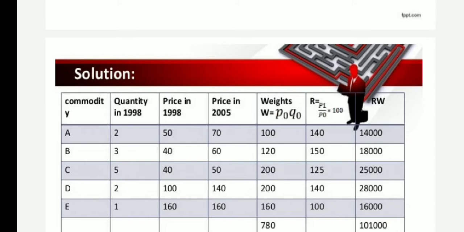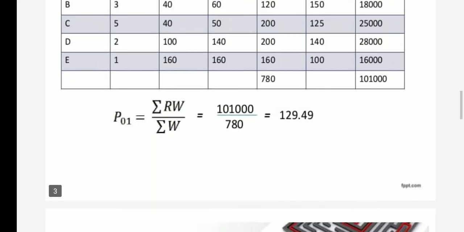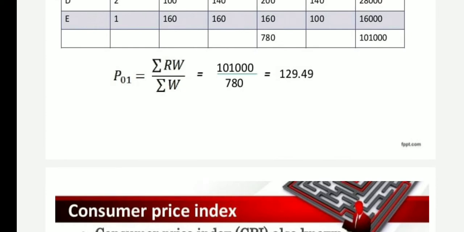This R equals P1 divided by P0 multiplied by 100. So P01 equals sum of RW divided by sum of W, equal to 1,01,000 divided by 780, which is 129.